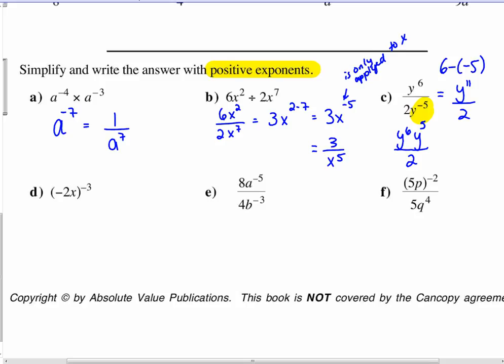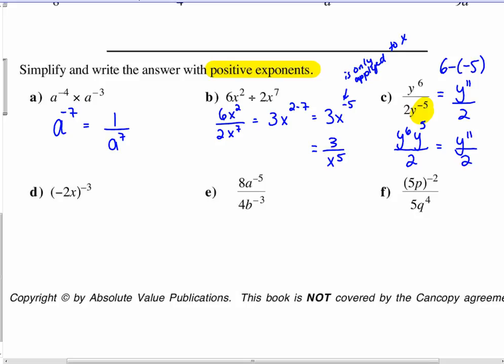We only move the negative exponent, because positive exponents we're happy with. And now, same bases being multiplied, what do I do with my exponents? Add them. It gives me the same thing, y to the 11 over 2.